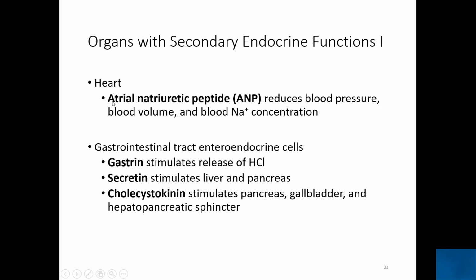Our heart cells located in the heart atria start producing atrial natriuretic peptide, or ANP, which can reduce blood pressure and blood volume. Inside of our stomach and other gastrointestinal organs, some hormones can be produced also. Examples would be gastrin, secretin, cholecystokinin.